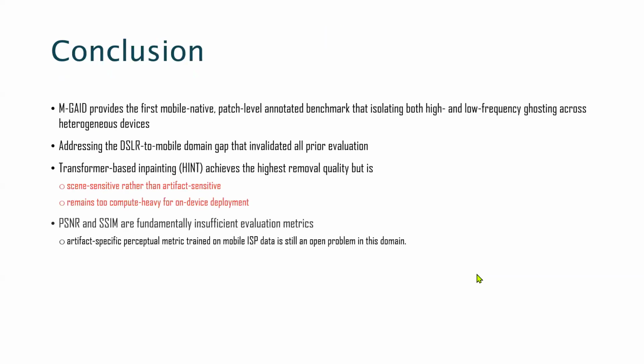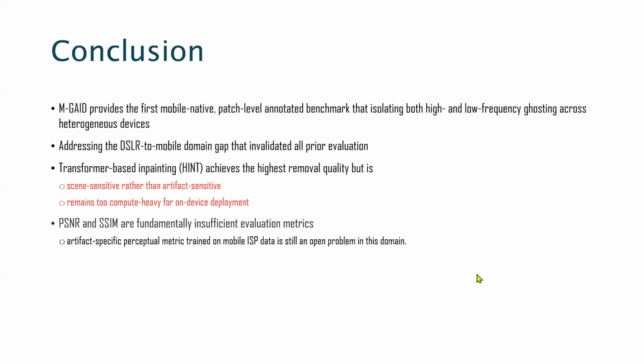Lastly, MGAT is the first dataset that is mobile native and has patch-level annotation, isolating high-frequency and low-frequency ghosting artifacts across heterogeneous data. It is the second dataset in terms of mobile specificity. The first one is LU, but that is only for one device.